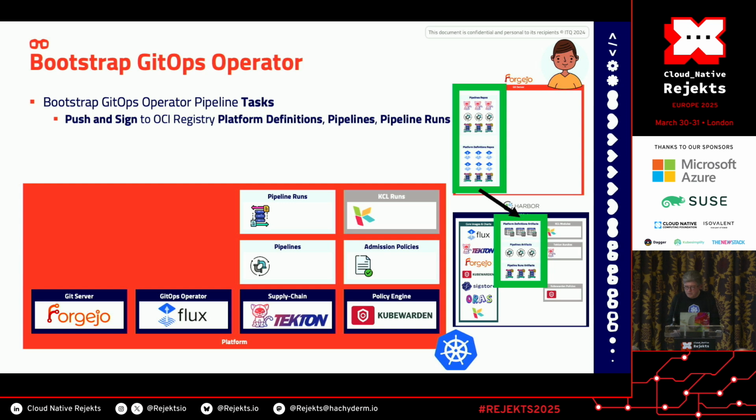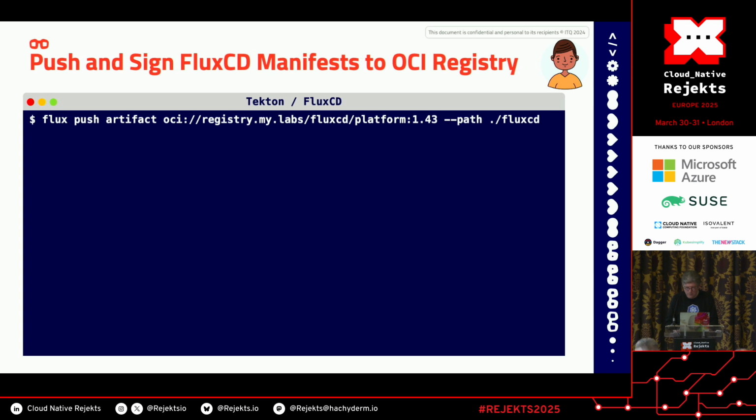First, push and sign the platform definition, pipeline and pipeline runs that were created by Dev beforehand. To do so, we can use the flux push artifact command line using the path containing all the definitions you want, and pointing to a specific repository using the Flux CLI.